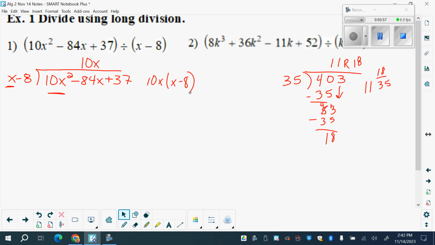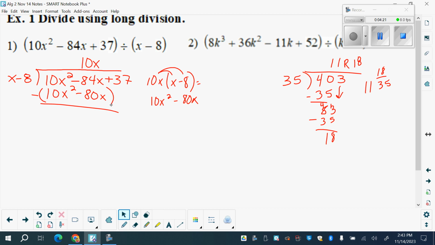How do I simplify that? Distribute. So I get 10x squared and negative 80x. And so that's what I'm going to write over here: 10x squared minus 80x.